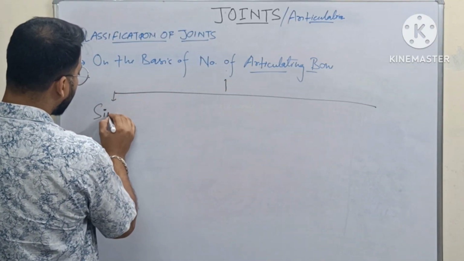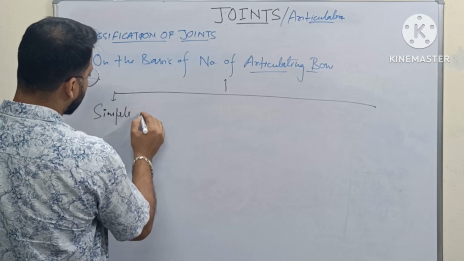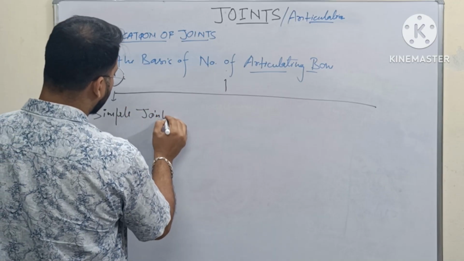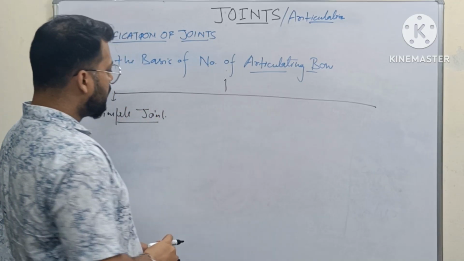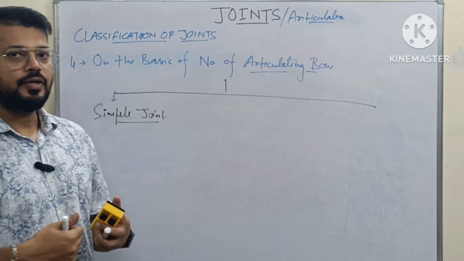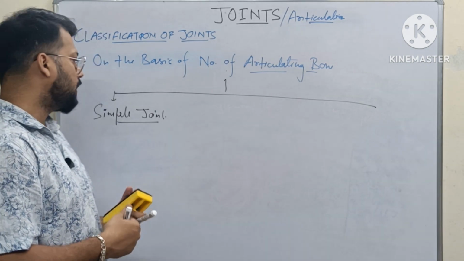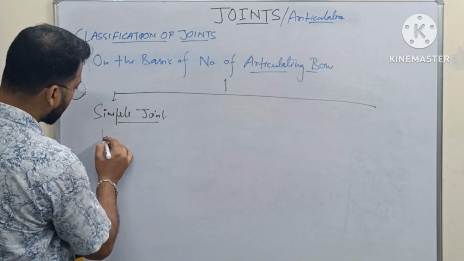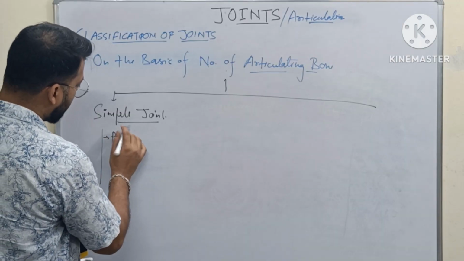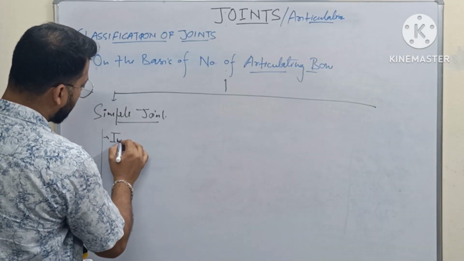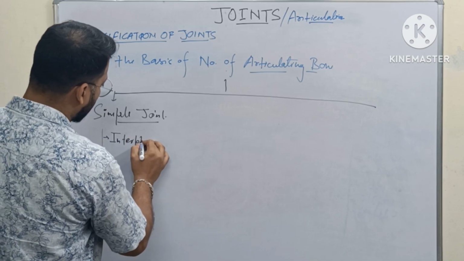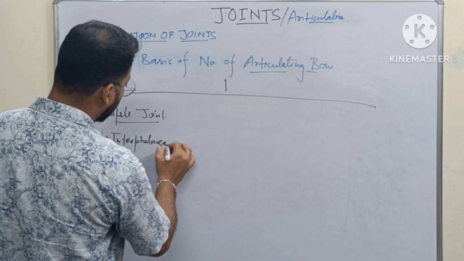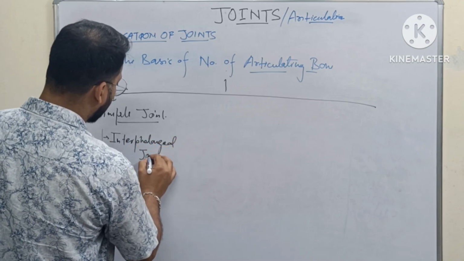One is simple joint. It means when two bones articulate, then it is called simple joint. For example, phalangeal joint, interphalangeal joint.